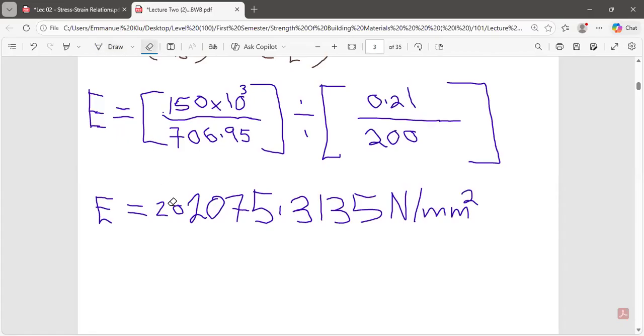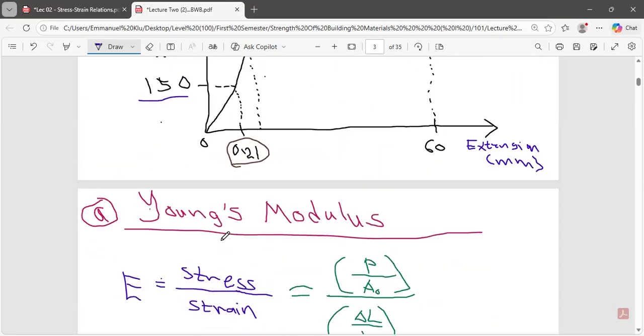Let me quickly write this well and let's proceed. So this is the answer I had. Please, are we all getting the same answer?